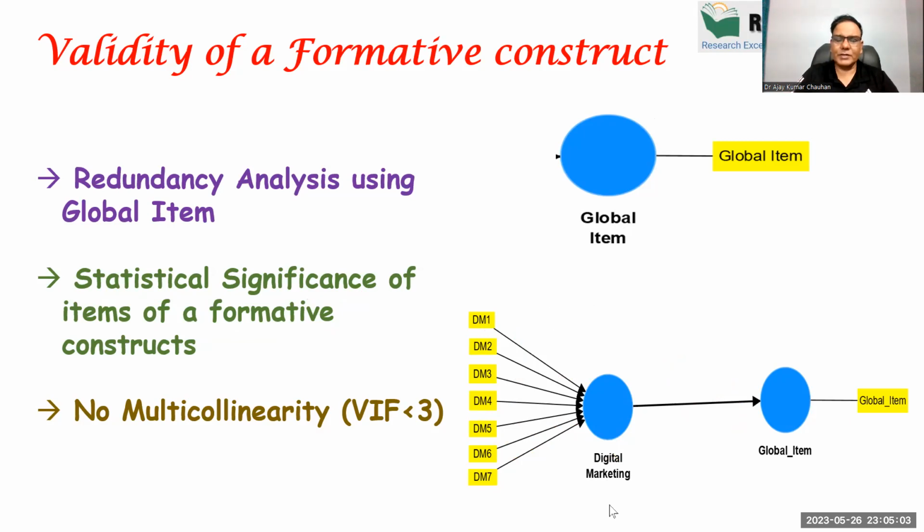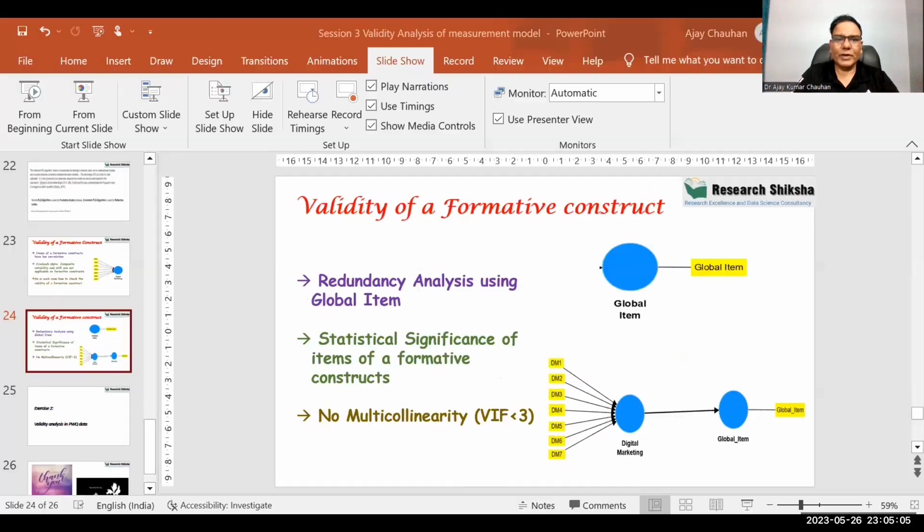So in this file, this is a data file. We are measuring the digital marketing practices from 7 items. And in addition to these 7 items, I am also measuring the digital marketing with the help of a global single item: my firm uses digital marketing tools actively. And this is measured on the scale of 1 to 5 or 1 to 7, whatever scale you are using in the questionnaire.